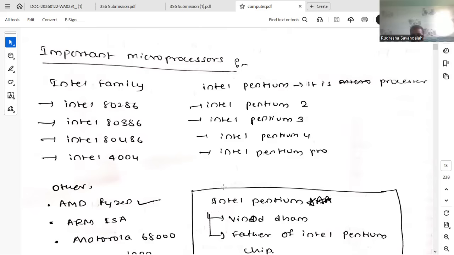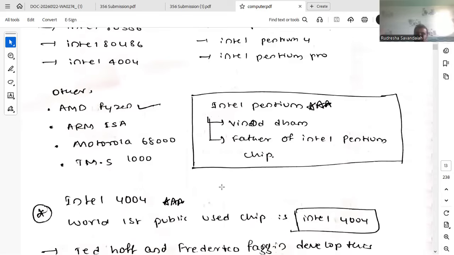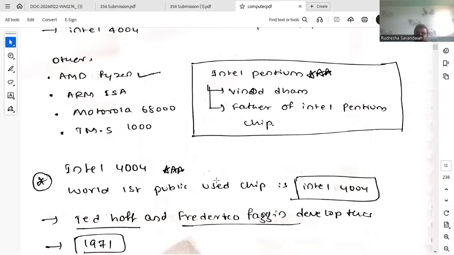These various microprocessors are used inside your CPU. Others: AMD, ARM, ISA, Motorola 68000, TMS 1000, Intel Pentium.